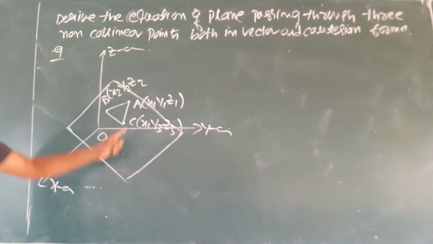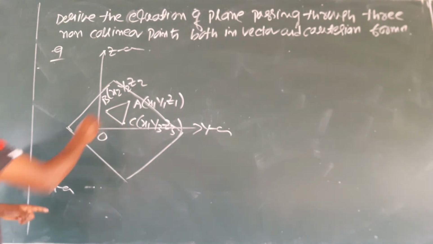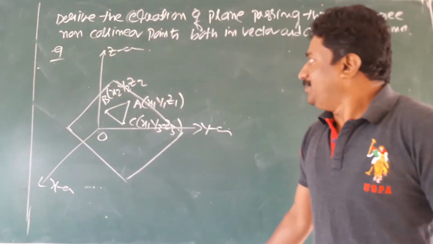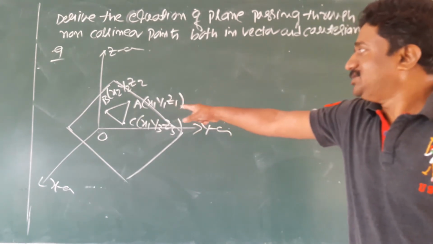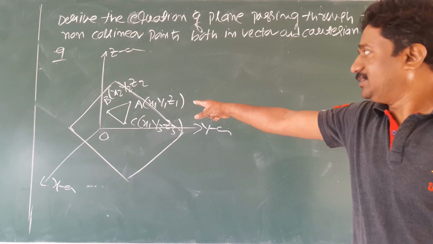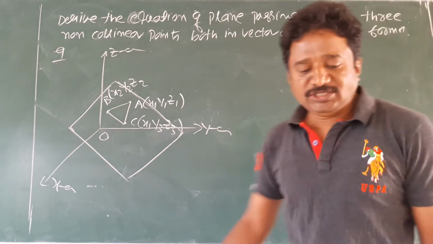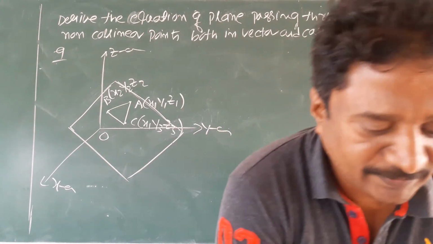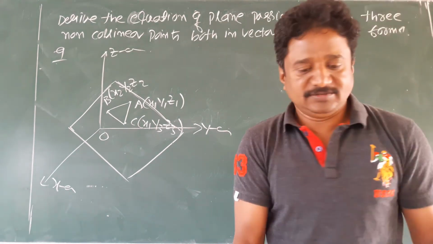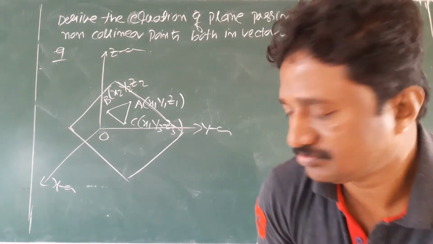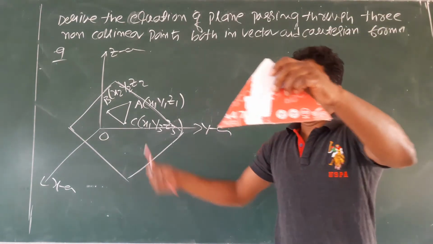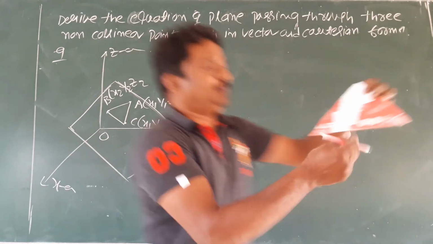Observe, students, I am taking three non-collinear points on the plane. This is the plane, and I have marked three non-collinear points.